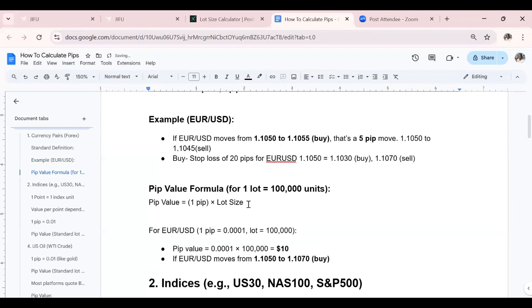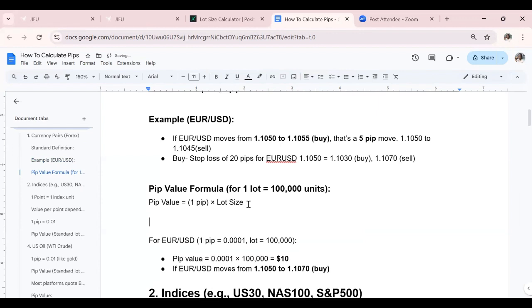For a currency pair like Euro USD, the pip representation is 0.0001, with 4 zeros at the end. That is the representation of Euro USD and all. So now, what is 1 pip? 1 pip starts from this movement at the end.